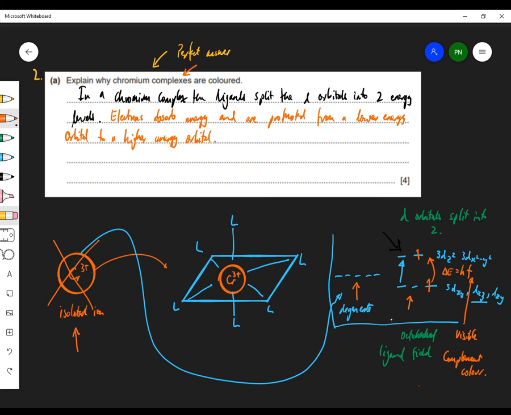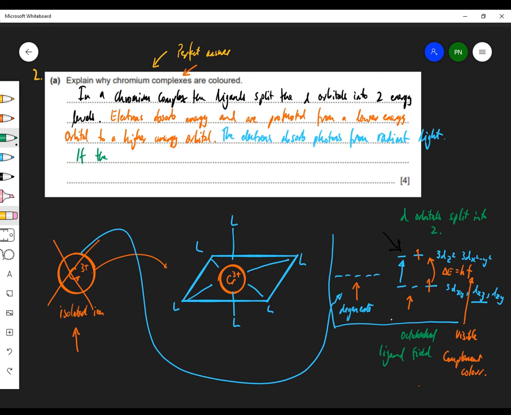Now there you go, a different color. The electrons absorb photons from radiant light. In other words, where do they get the energy from? From the light that falls on them, from the radiant light.